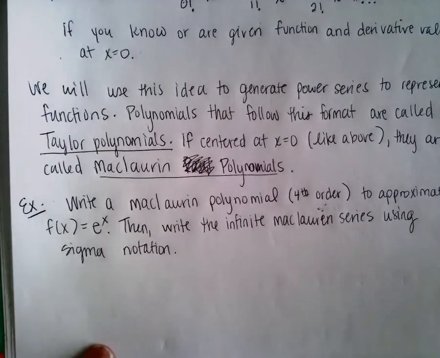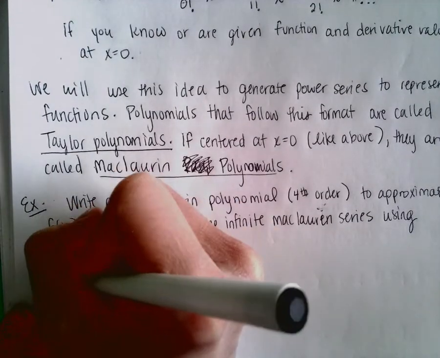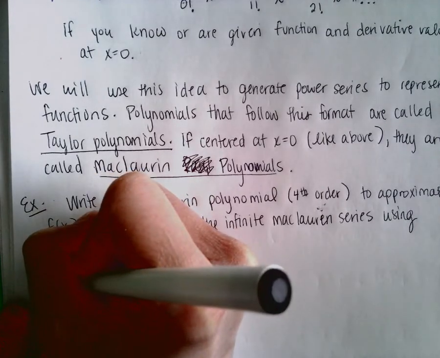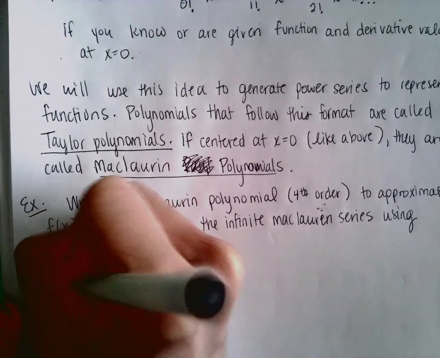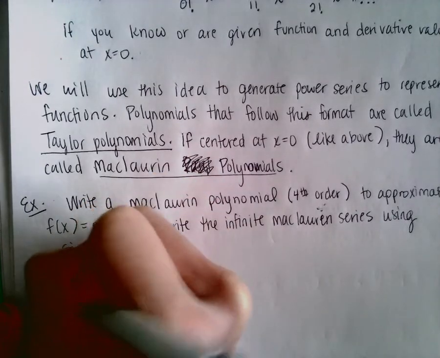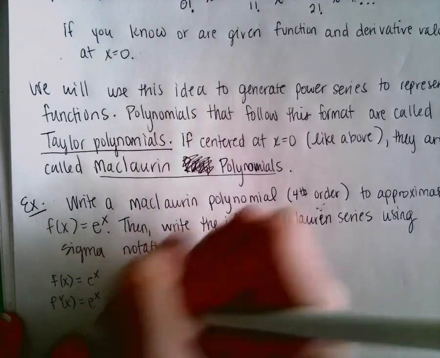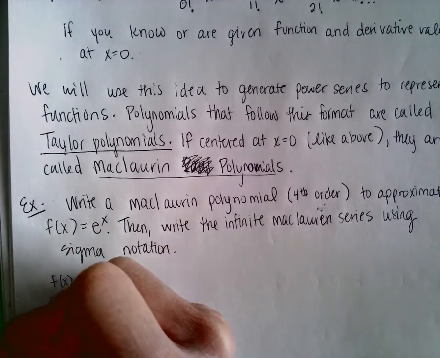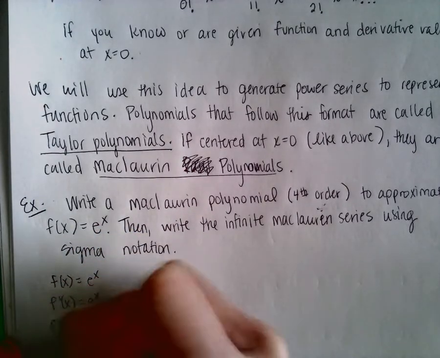We're going to find f of x is e to the x. We're going to find the first derivative, which with e to the x, still e to the x, right? Second derivative, third derivative, and 4th derivative.